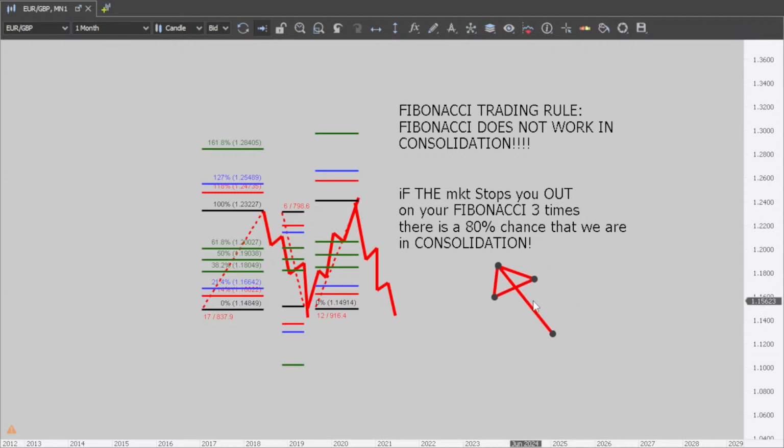And one more time, some of you that are from previous years, some of you are still stubborn. I'm telling you, don't use the Fibonacci in consolidation. Fibonacci does not work in consolidation. You are stubborn.